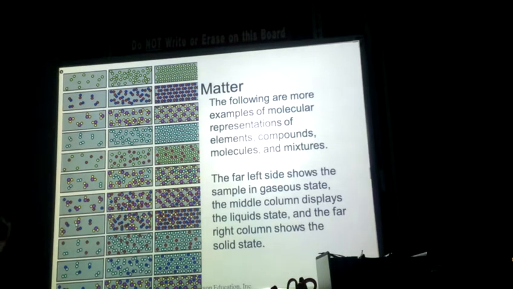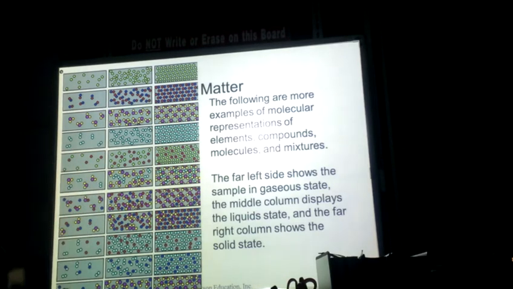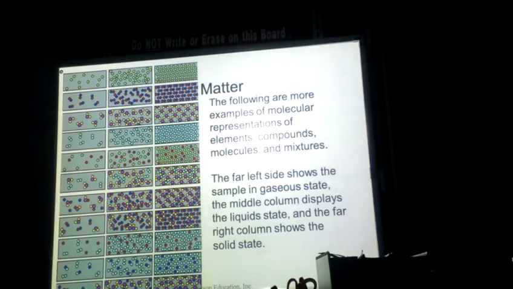Okay, in terms of matter, I put all of these up here because I think it's a nice array to see what's the difference between liquids, solids, gases in terms of these particle diagrams. So the following are just examples of these particle diagrams, or you may hear molecular representation of elements, compounds, molecules, and mixtures. The far left side is going to show that gaseous state, which makes sense.